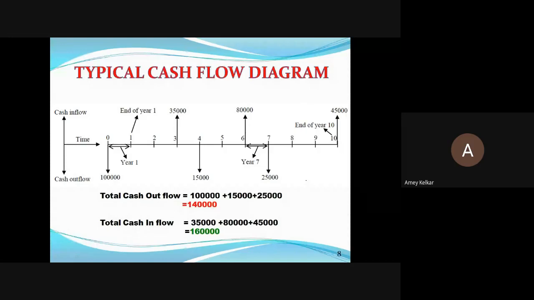So if you use credit, what happens? Last class we studied what credit is and how credit can be used. So if you use credit, what will be restricted, cash inflow or outflow? Again, I'm repeating, last class we studied what a credit is, how you can use the credit.